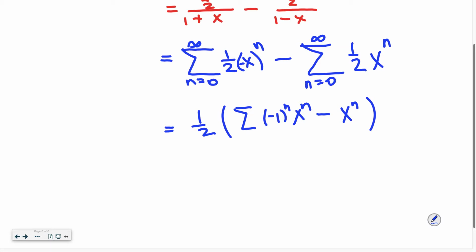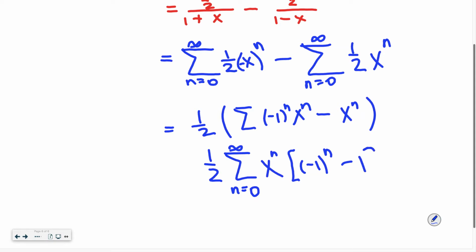So it's the sum of negative 1... Not really. Be patient with me here. What do those both have in common? x to the n. So technically you could write it like that.